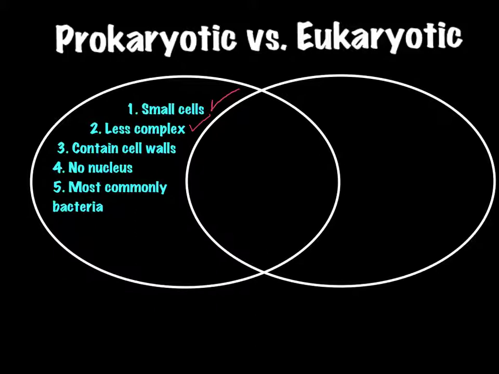They do contain cell walls, which is not necessarily typical of all of the eukaryotic cells, but the big thing is that prokaryotic cells do not contain a nucleus, often referred to as a membrane-bound nucleus. And most commonly, you'll see that prokaryotic cells are bacteria, or some form of bacteria.